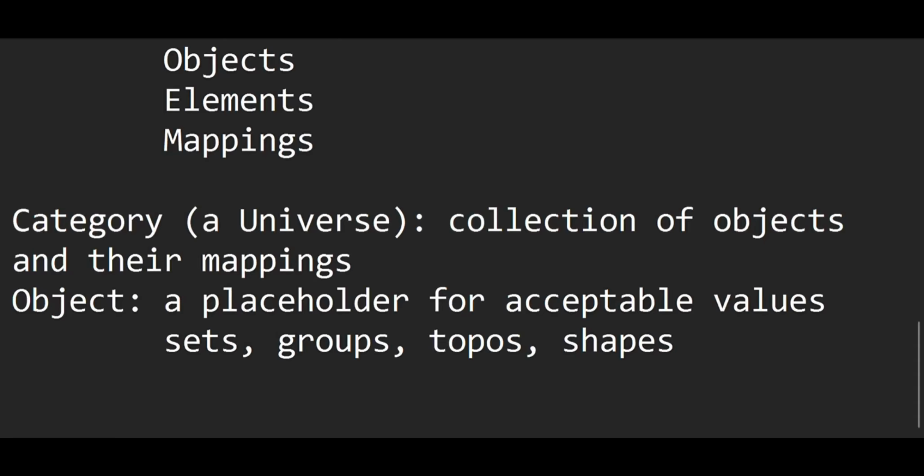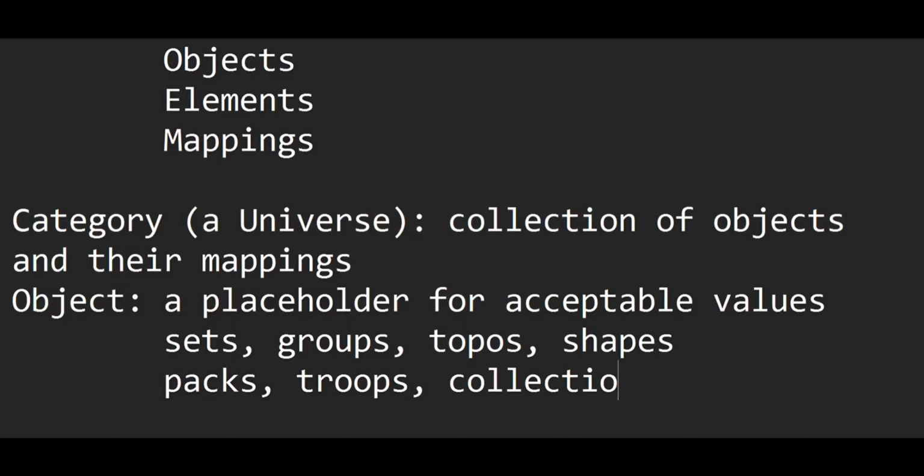So, for example, you could have packs if you want. You could have troops if you want. You can have collections if you want to call it a collection. It's really up to you. It doesn't matter. Just know that an object is a placeholder for what an element or what an entity can be.